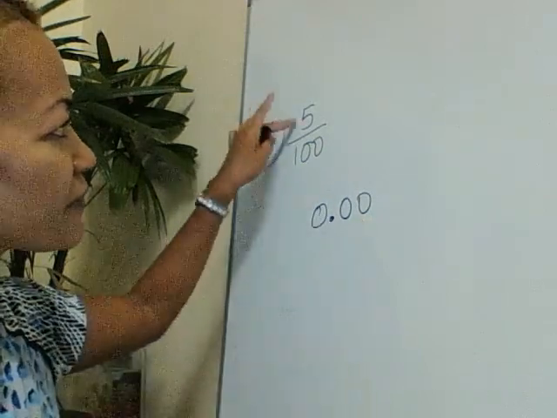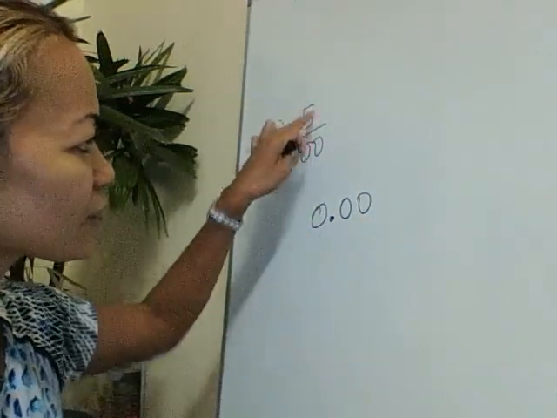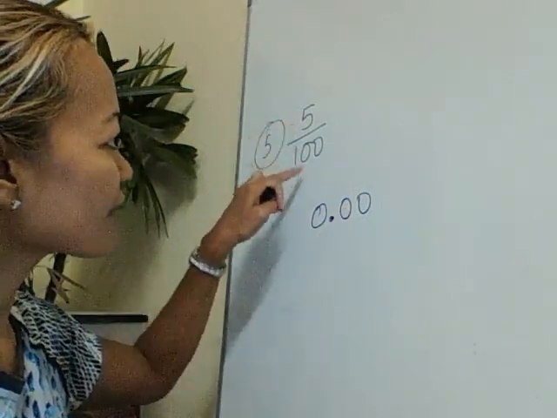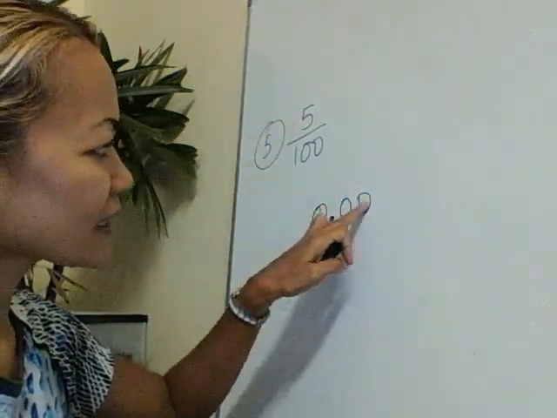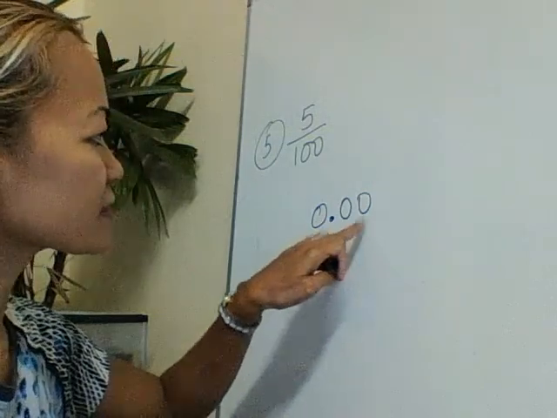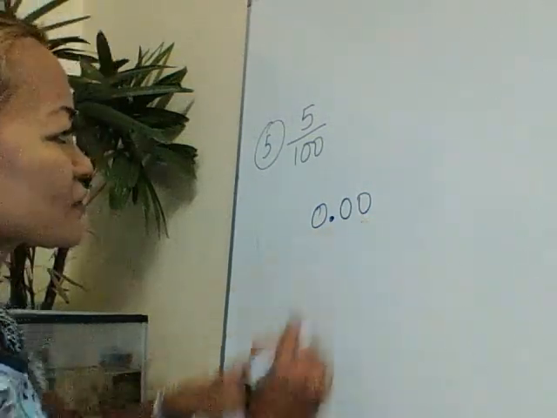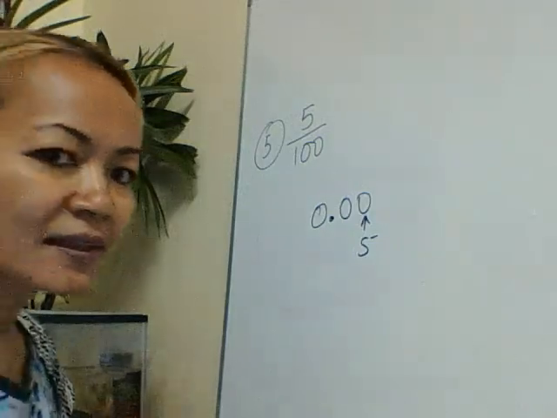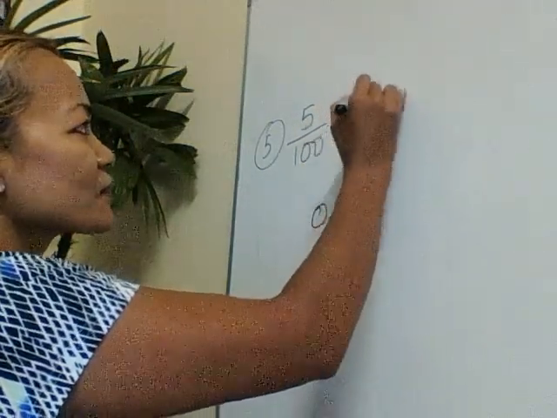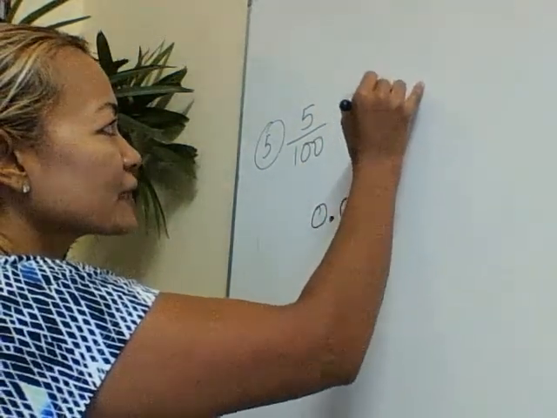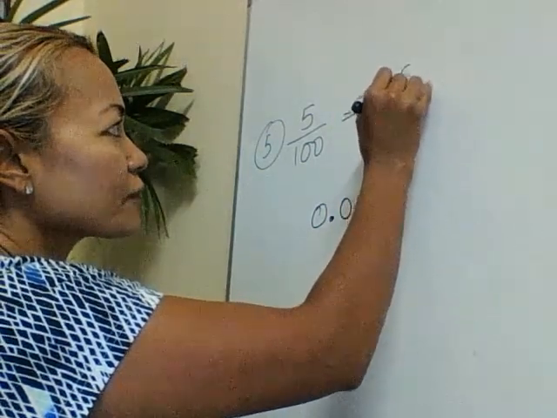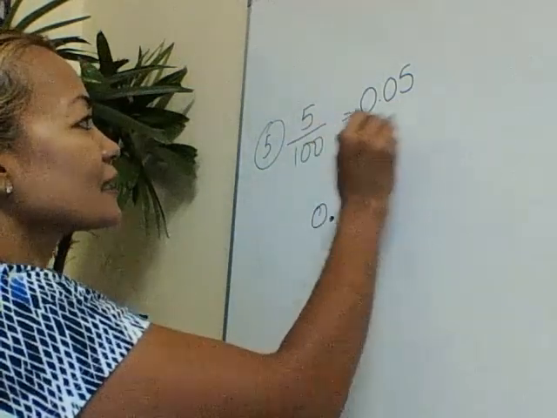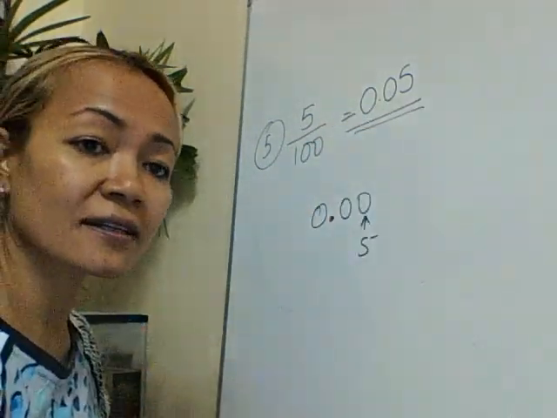So if this was 5/10, that 5 would go into this tenths column. Because it's 5/100, it will go into this hundredths column. So this is where the 5 will go. Right? So we will write that as 0.05. So we've converted it to a decimal.